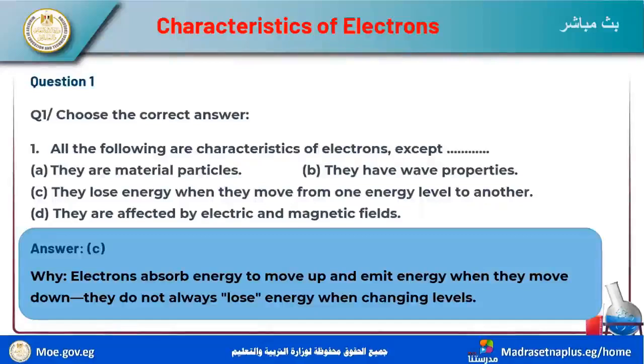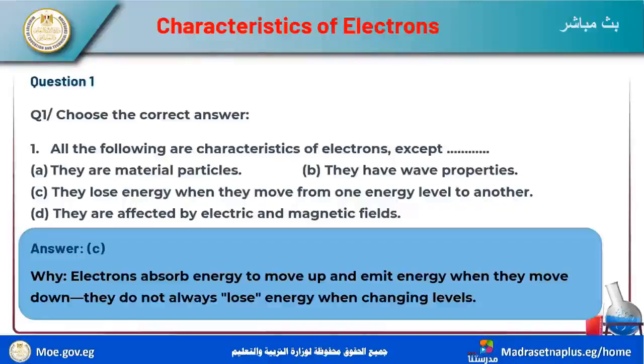This question shows the correct answer. All the following are characteristics of electrons except. We have many choices. A, they are materials particles. They have wave properties. They lose energy when energy moves from one energy level to another.